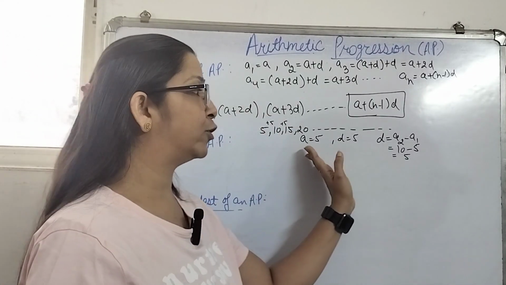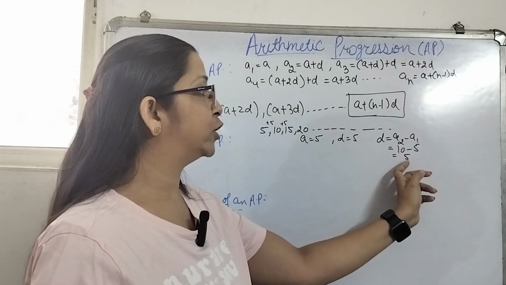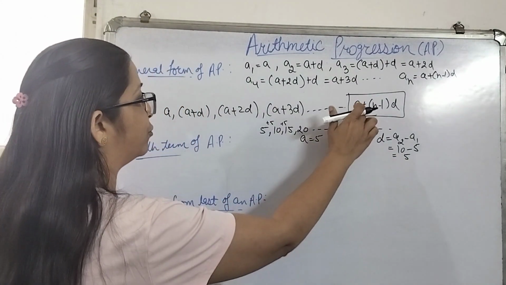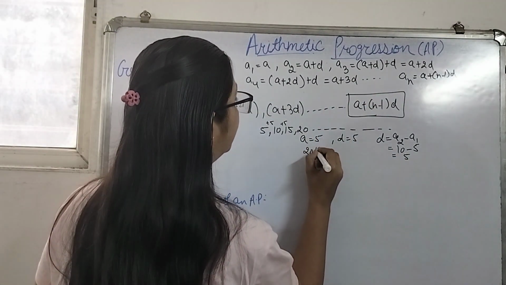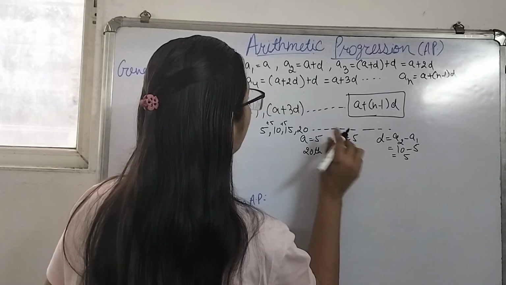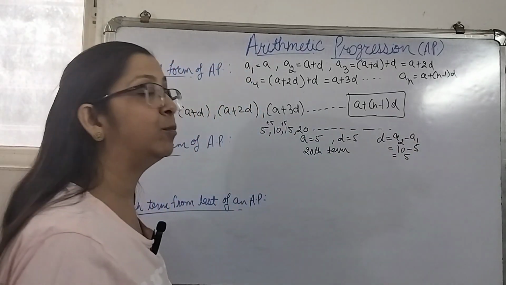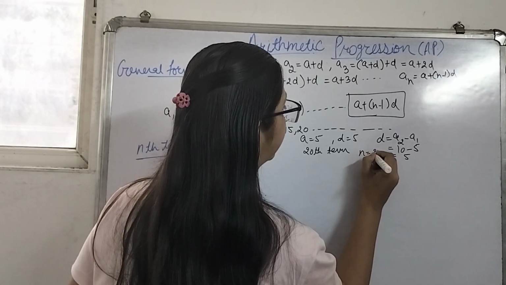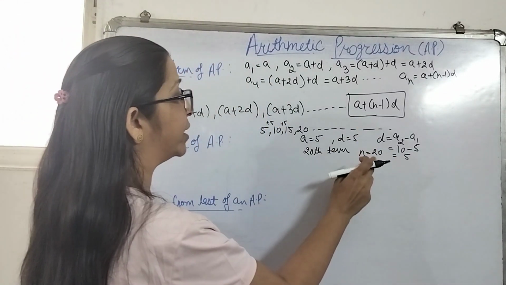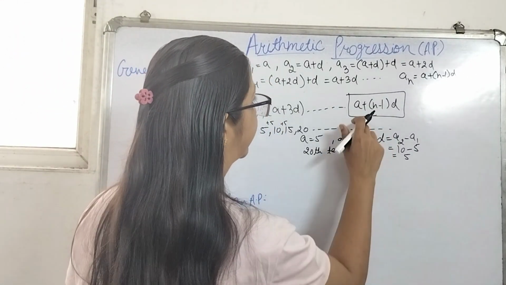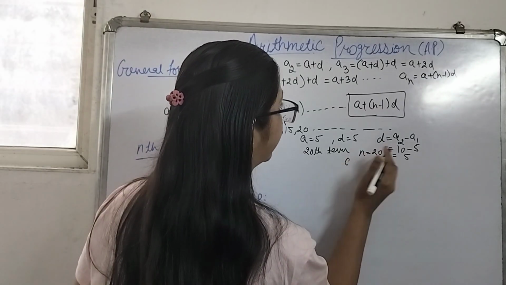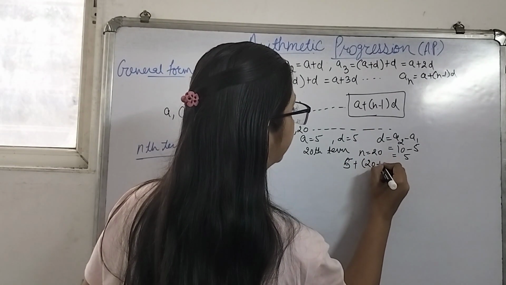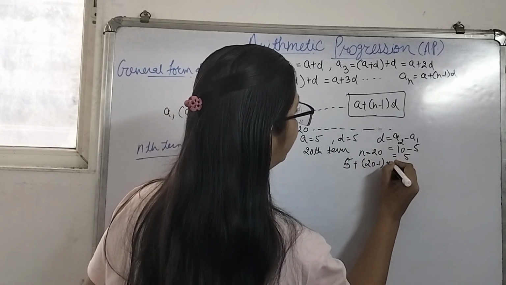Now we have the value of the first term. We have the value of the common difference, that is D. Now if we have to find the 20th term of this AP, here we can say the value of n is 20. So if we put this in, the 20th term will be A, that is 5, plus n minus 1, that is 20 minus 1, into D, which is 5.